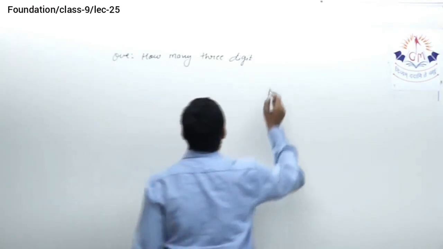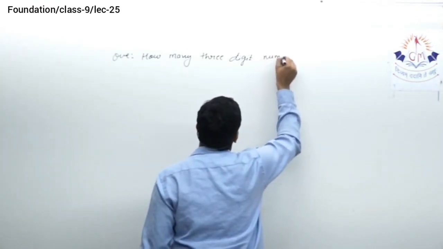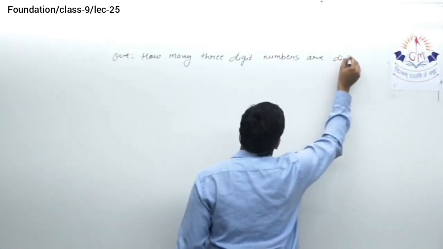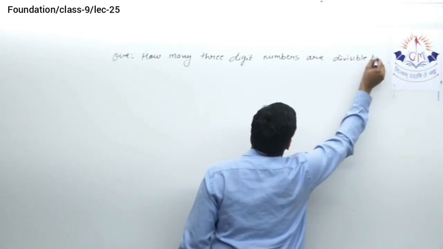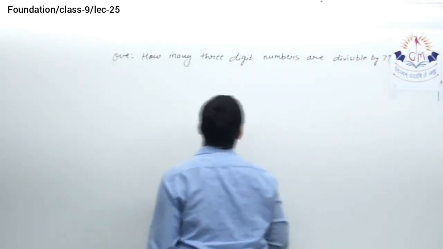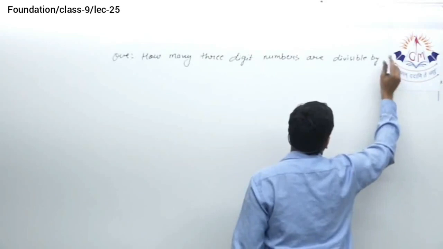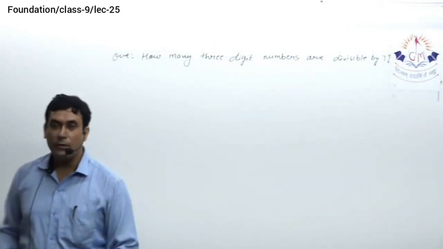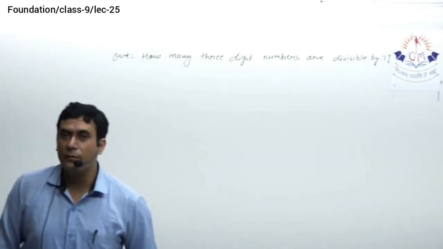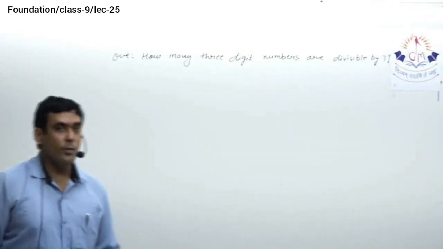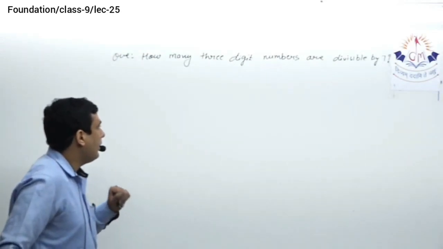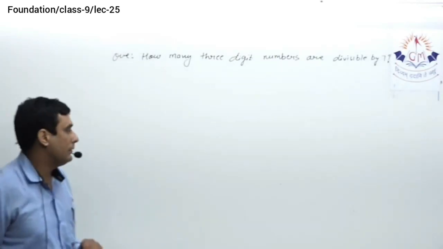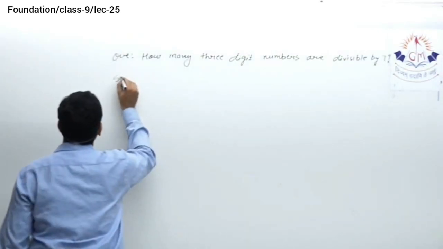How many 3-digit numbers are there which are divisible by 7? We have to find the number of such numbers which are divisible by 7 as well as they should be of 3 digits. So let us see how to solve this.